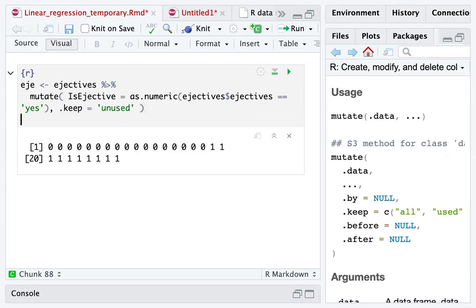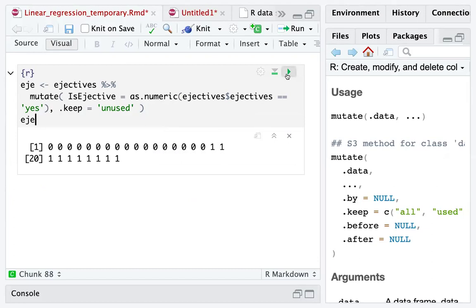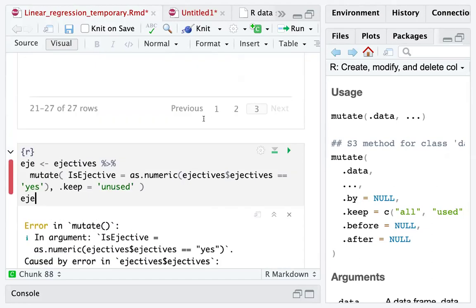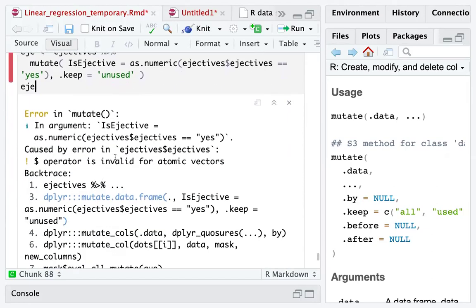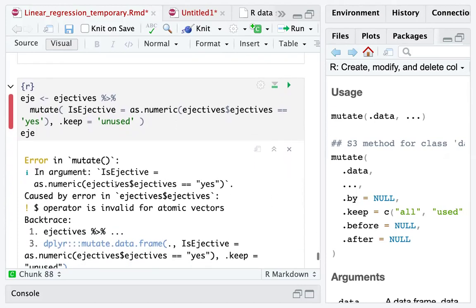And this will give me the same data set with this column, which is modified from a yes or no to 0 and 1. Atomic vectors. Sorry.